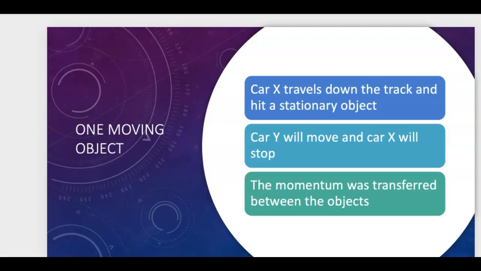This happens quite often, and this is what police officers use to measure and determine the speed a car was moving if it rear ends another car. They can literally measure the distance a car moves, the direction the car moves, to know where the impact was. This is really important if someone tries to move their car away and say, I wasn't traveling that fast. They can measure all of that.